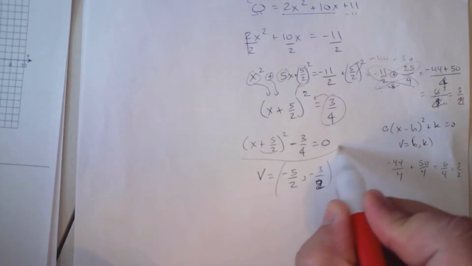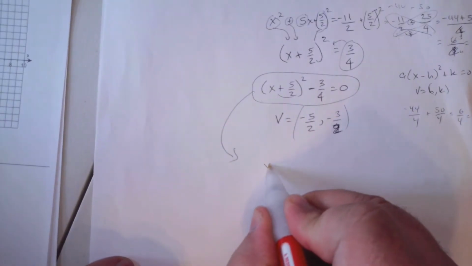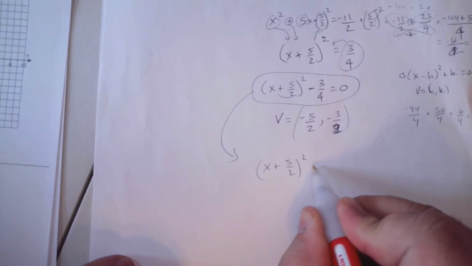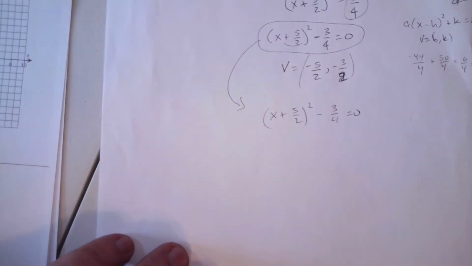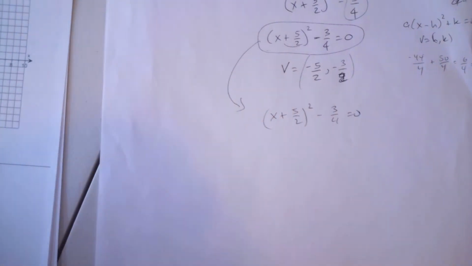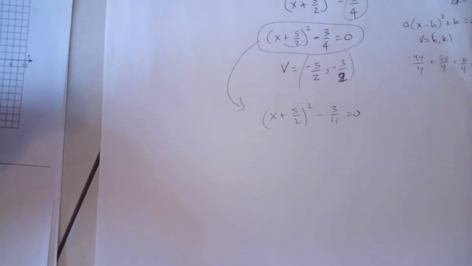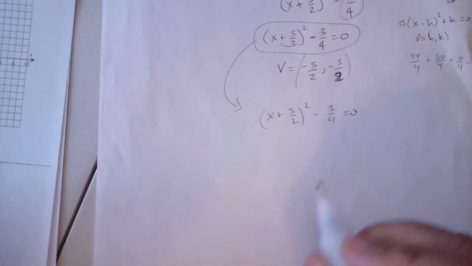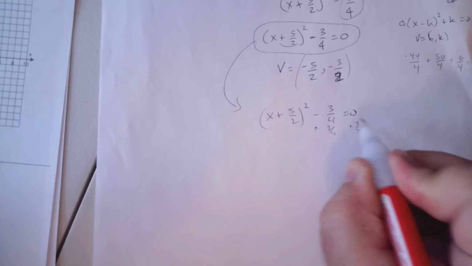Let's take this equation, x plus 5 over 2 squared minus 3 over 4 equals 0. Solve for x. So we have to add 3 over 4 to both sides.